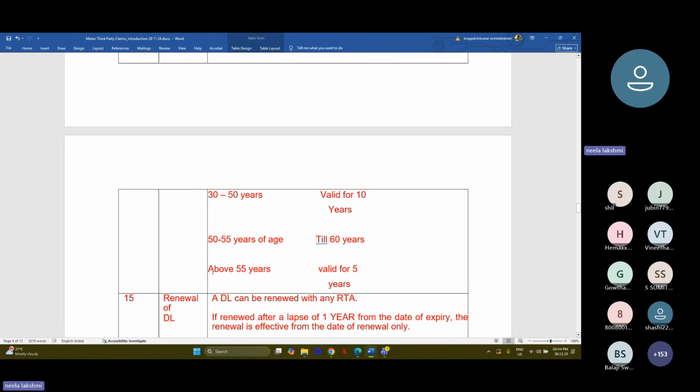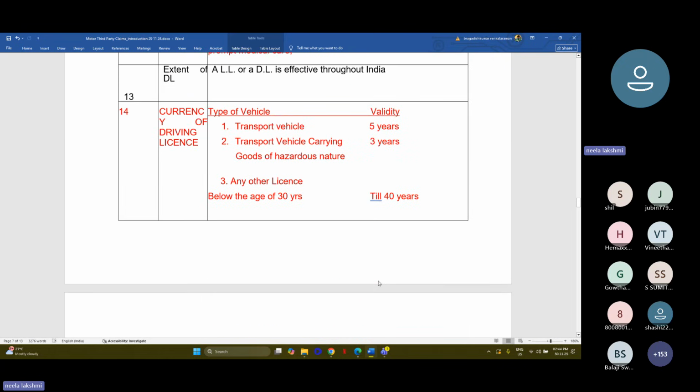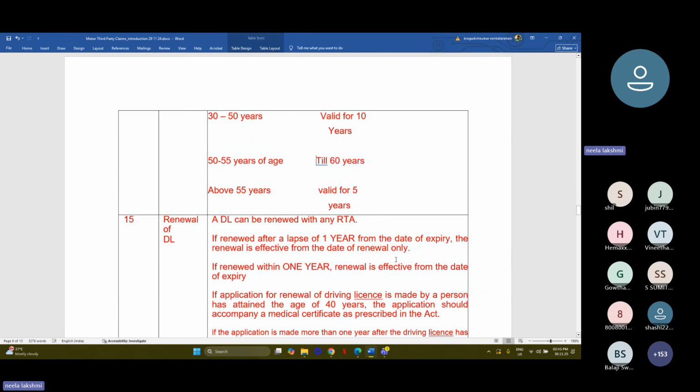If a person is above the age of 55 years, the license is valid for 5 years. These are all the changes in the new amendment. So please be thorough with this section, section 14 of the amended MV Act. Changes are there, so please be thorough.